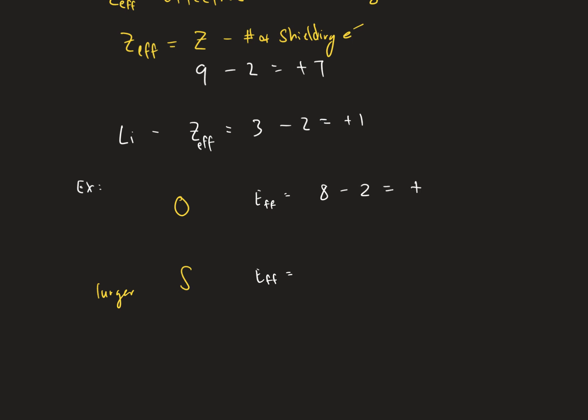So that's a +6. What about for sulfur? 16. How many are on the inner energy levels? 10. You've got 2 on the first energy level and 8 on the next one. That's the shielding electrons, not the valence electrons. So 16 minus 10, we get +6. We good?